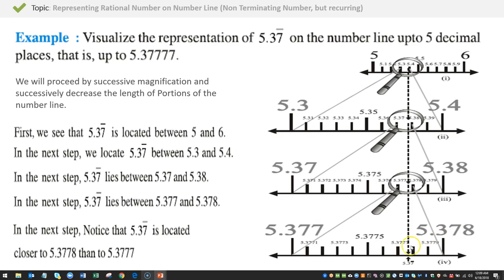And in this case, what you find is 5.37777 is much closer to 5.3778 than to 5.3777. So between these two, I'm going to keep this closer, and that represents the recurring value 5.37 recurring up to 5 digits.